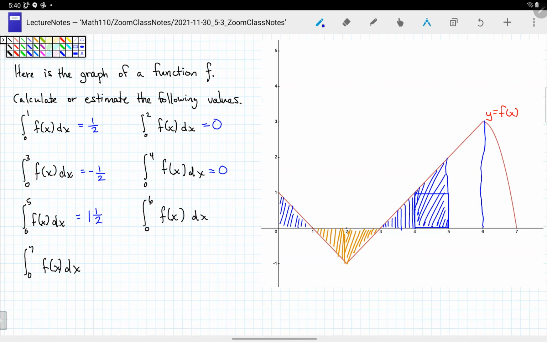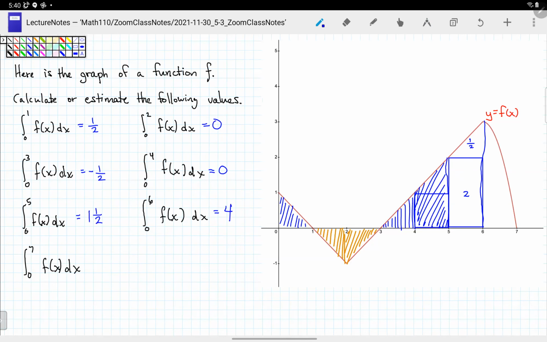We will have basically a 1x2 rectangle, so there's an area of 2 there, and then another triangle where the area is 1/2. Remember from 0 to 4 it's 0, so I'm just counting all of the stuff after that. So it's 1.5, 2, 0.5, which totals 4 square units.